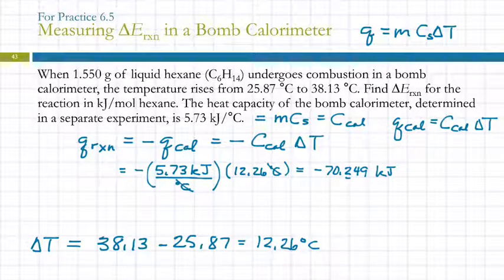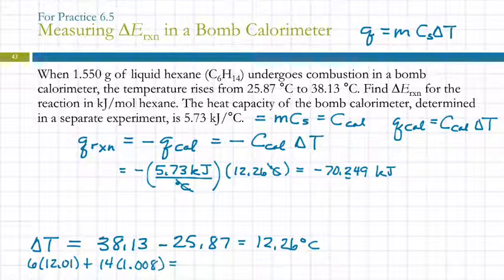Well, how many moles of hexane do we have? We don't know, but we can calculate it, right? So we need the molar mass of hexane. So we've got 6 times 12.01 plus 14 times 1.008. 86.172 grams per mole of hexane.